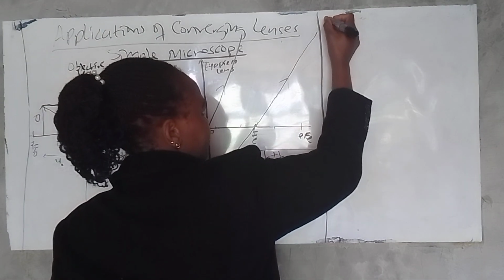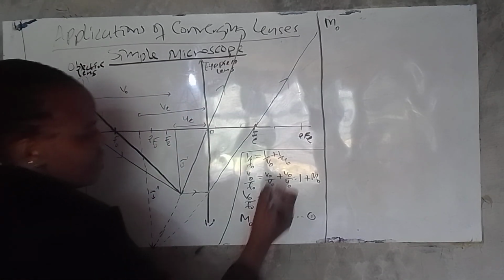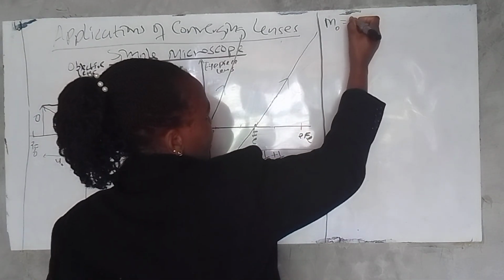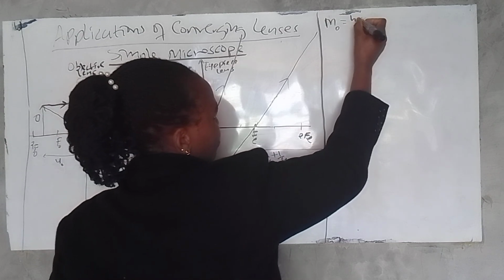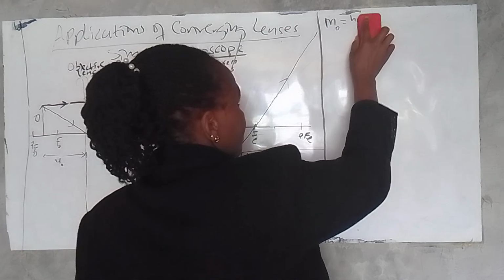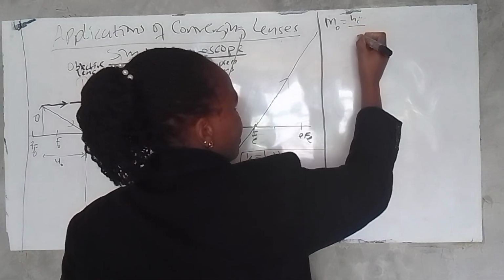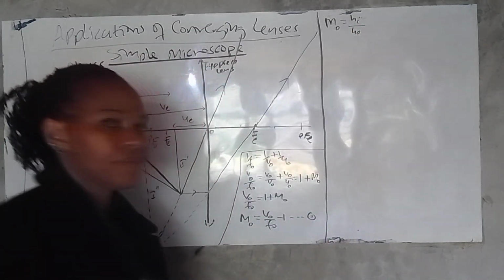Now, what is magnification? Magnification M naught is also given by height of image over height of object.